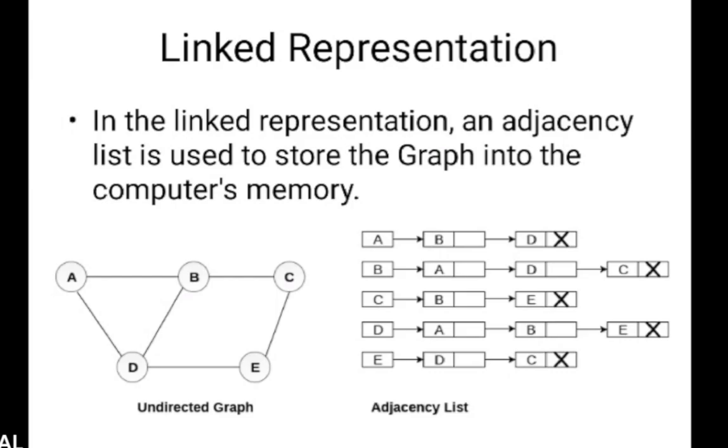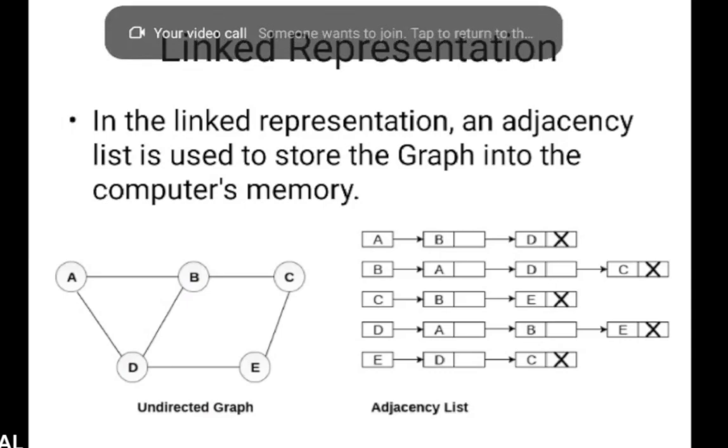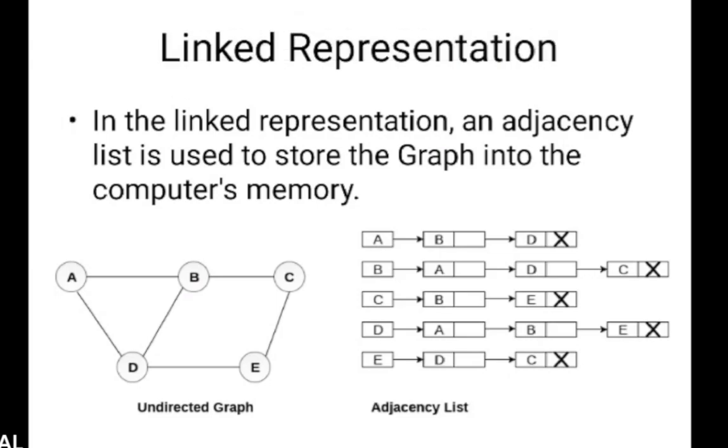Like in this diagram, you can see that there are 5 vertices A, B, C, D, E. Then along each list, we store the vertices which are linked with it. Like A is connected to B, A is connected to D. So the first list contains A, B, D.